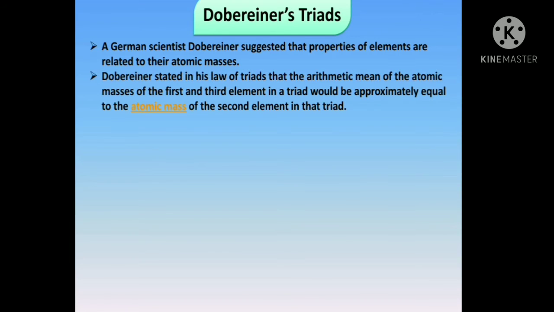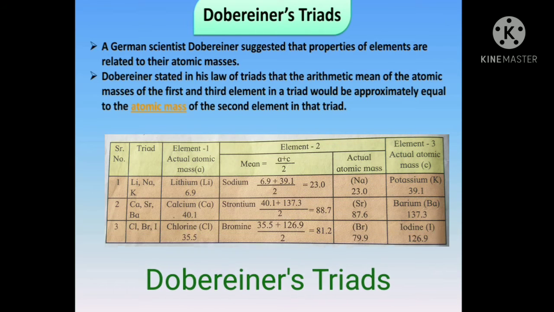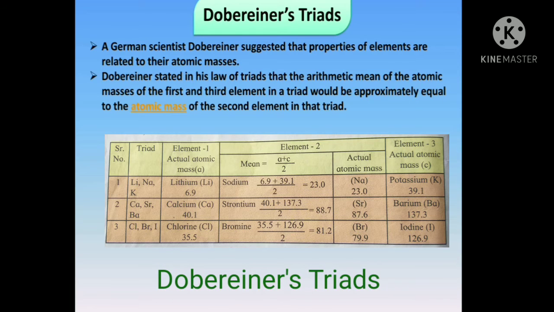For this, he made groups of 3 elements each, having similar chemical properties, and called them triads. Dobereiner stated in his law of triads that the arithmetic mean of atomic masses of the first and third element in the triad would be approximately equal to the atomic mass of the second element in that triad.